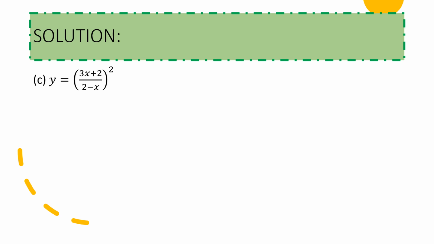C. y equals ((3x plus 2) over (2 minus x)) squared. So first, we need to separate the power, becoming (3x plus 2) squared over (2 minus x) squared. So to find the derivative of y, we need to use quotient rule.